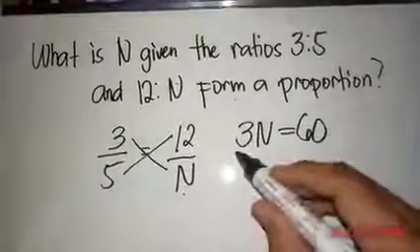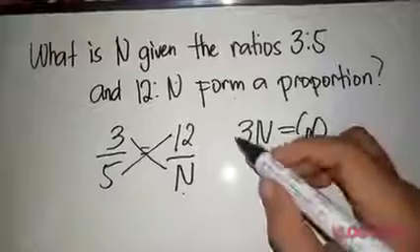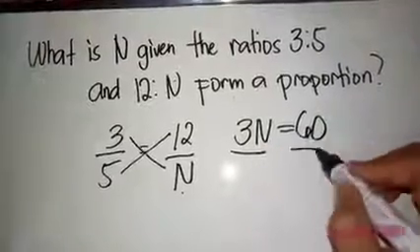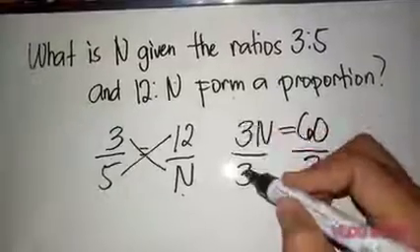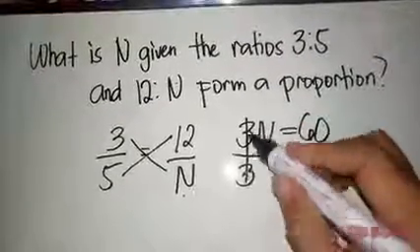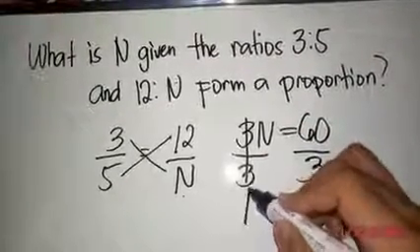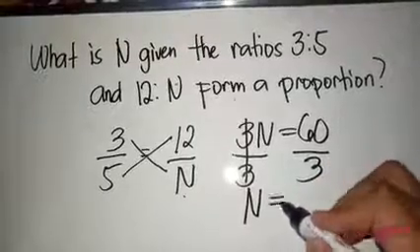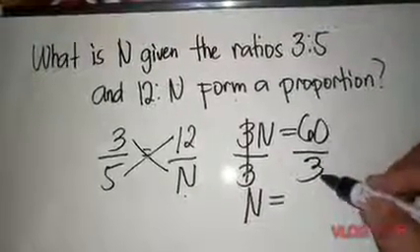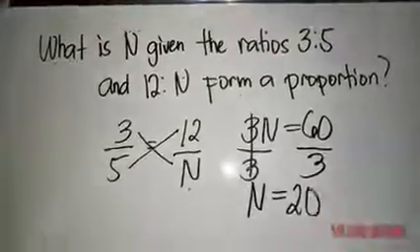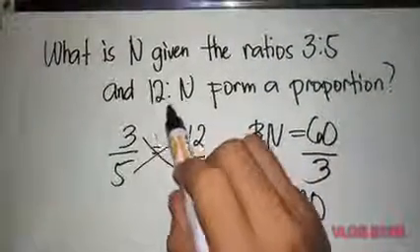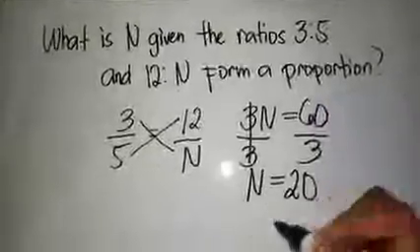How can we find the value of n? Just divide both sides by 3. 3 divided by 3 is 1, so the remaining is n. Then 60 divided by 3 is 20. So the value of n is 20.